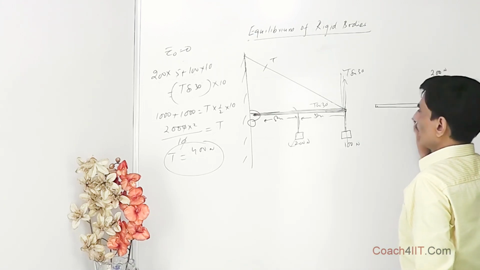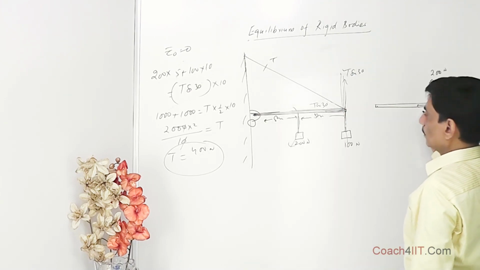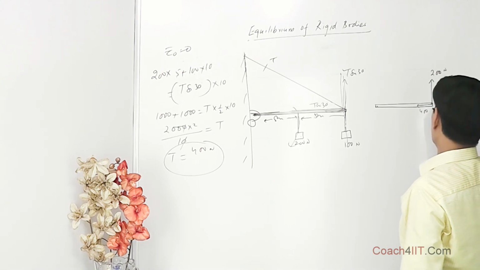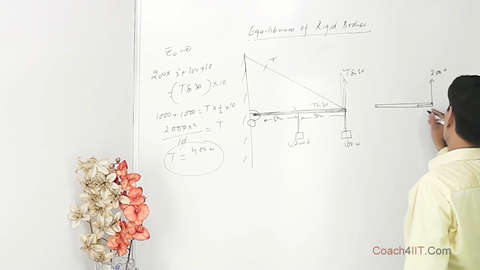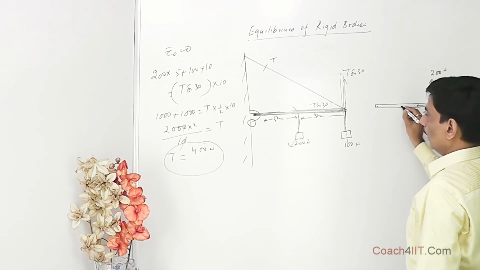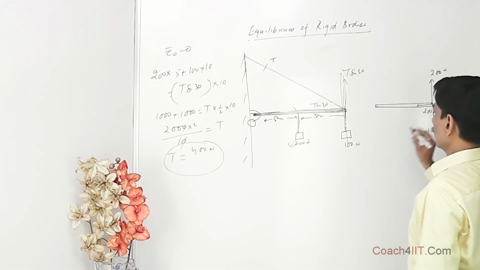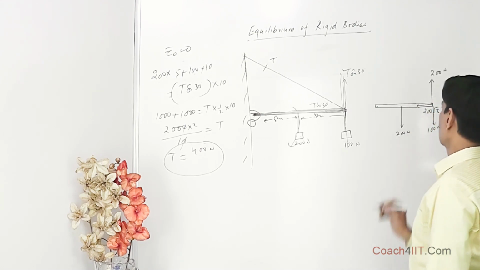And this way is T cos 30. T is 400 into cos 30, which is root 3 by 2. So this makes 200 root 3 Newton. And one force is over here downwards, that is 100 Newton. And one force is over here, that is 200 Newton.